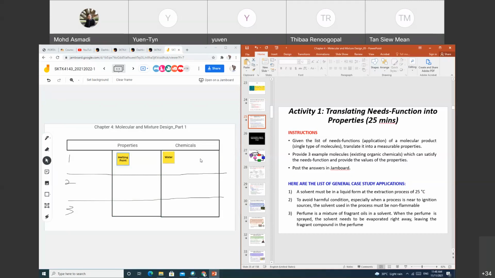Extraction process using water, possible. Good, I agree, water can be the solvent. Number two, okay, just now already explained. And then number three, solvent needs to evaporate. This is related with what?